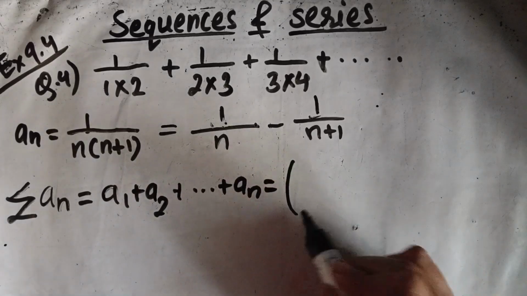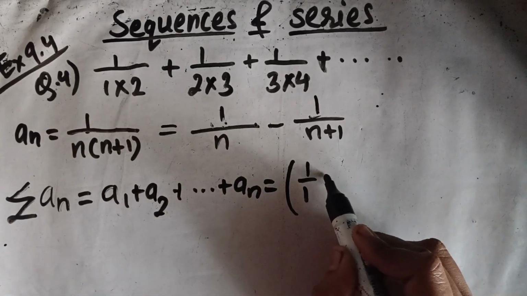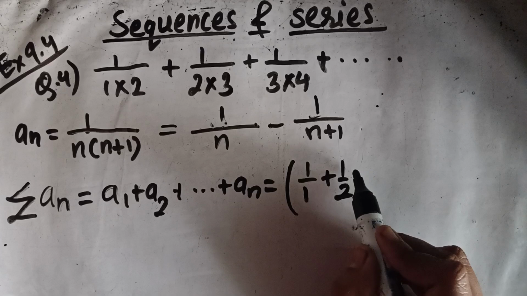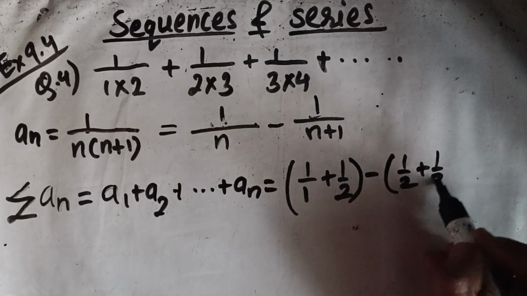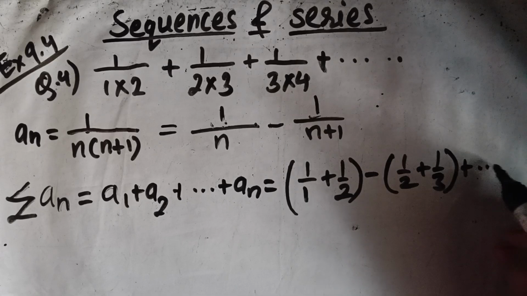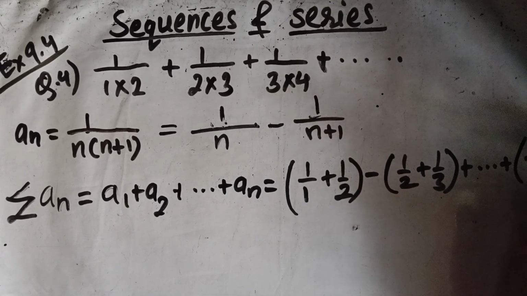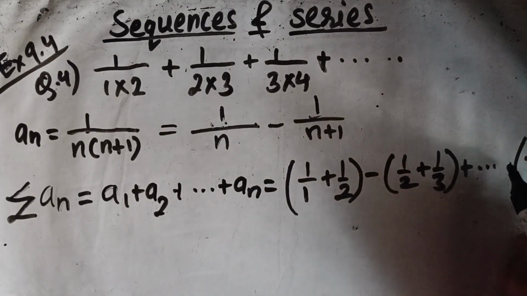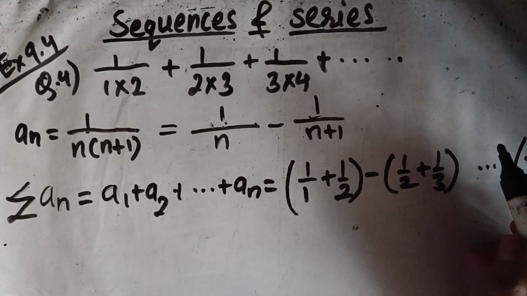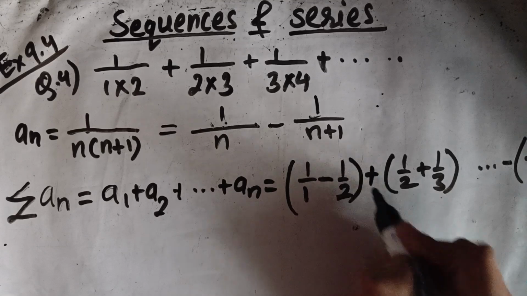So you can write this as 1 upon 1 minus 1 upon 2 plus 1 upon 2 minus 1 upon 3 plus dot dot dot 1 upon n minus 1 upon n plus 1. Okay, here minus will come. No, this is minus, this is plus.